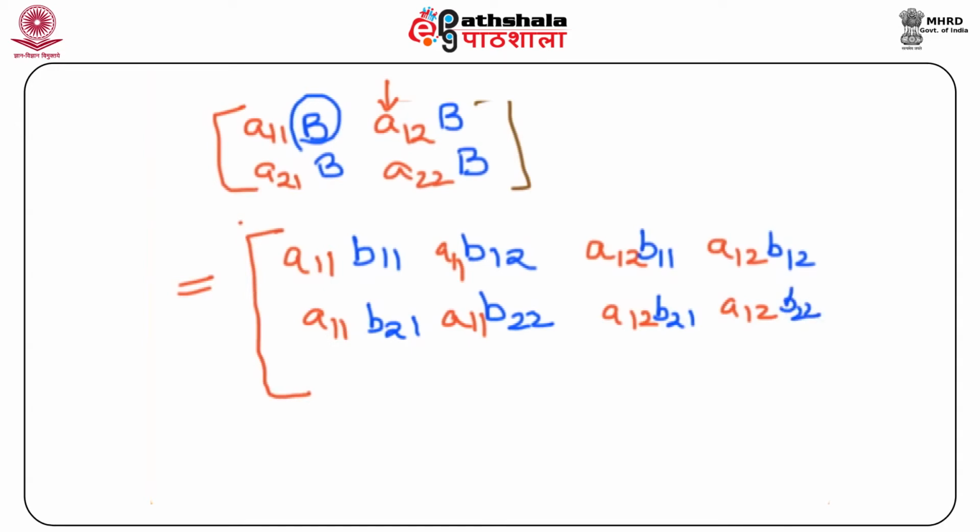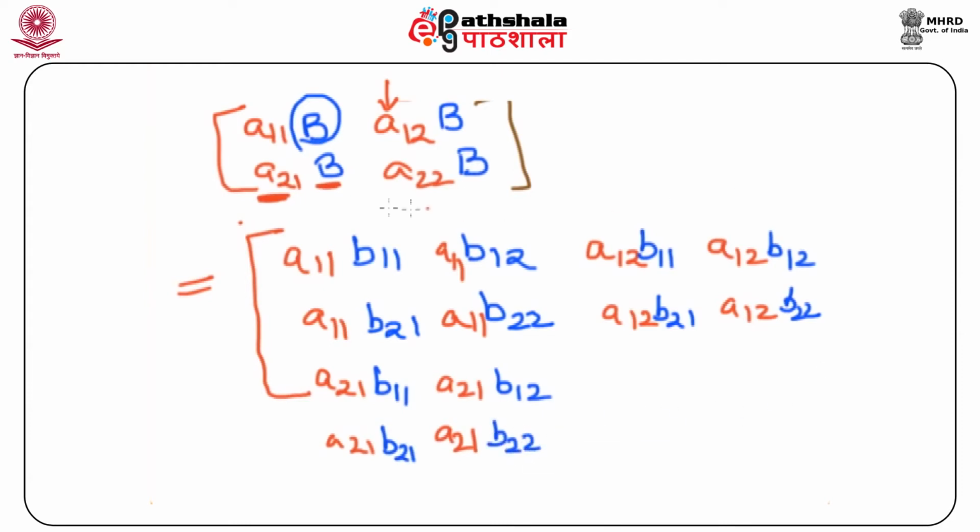Now similarly, when we take this term A21, we write it 4 times, and we multiply it by the entire matrix B, so we write B11 here, B12 here, B21 and B22.